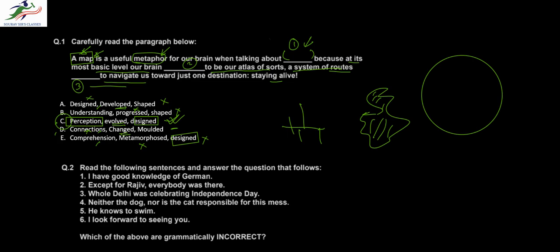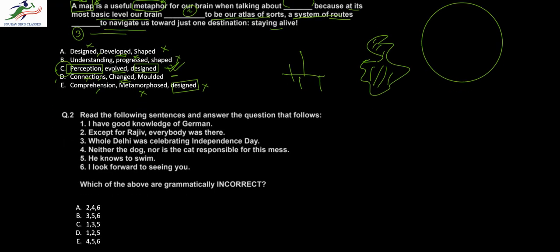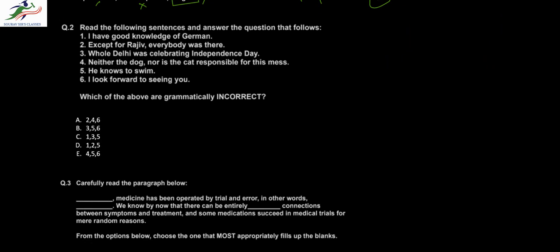We go to the next question, which says, read the following sentences and answer the questions that follow. Now the question you can see is talking about which of the sentences are grammatically incorrect. So we have to find out which ones are incorrect. So let's have a look at the sentences given. First one says, I have good knowledge of German.